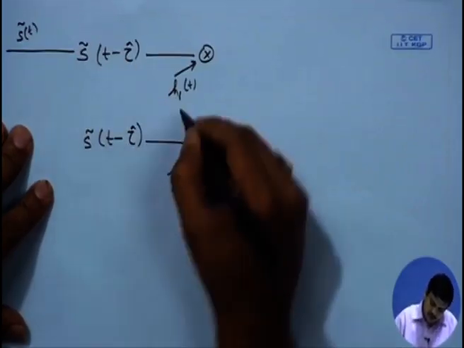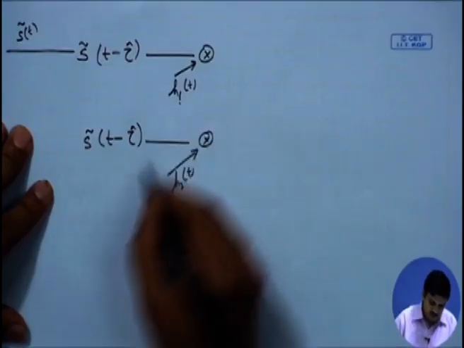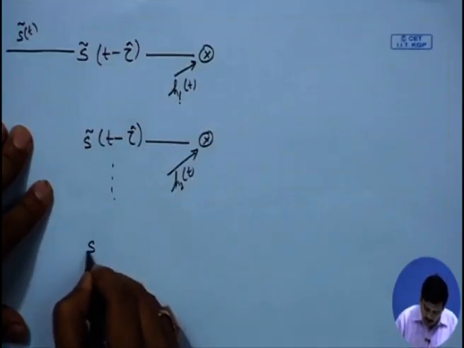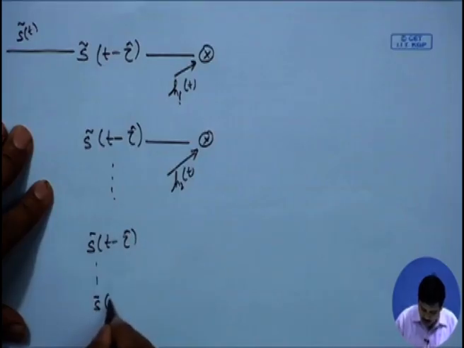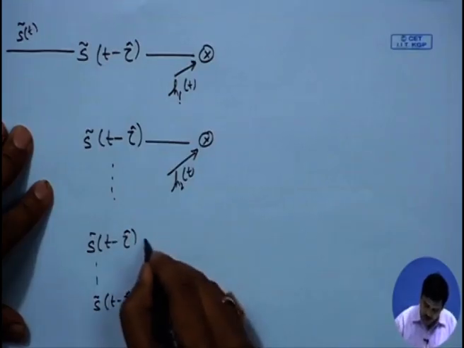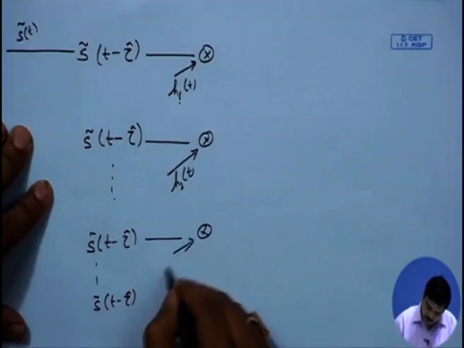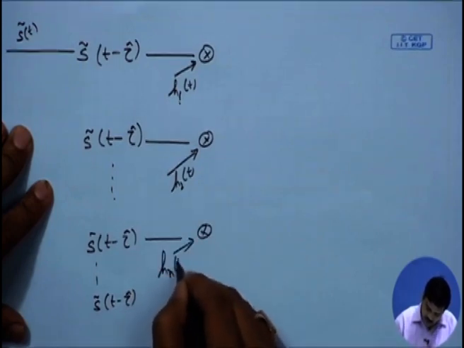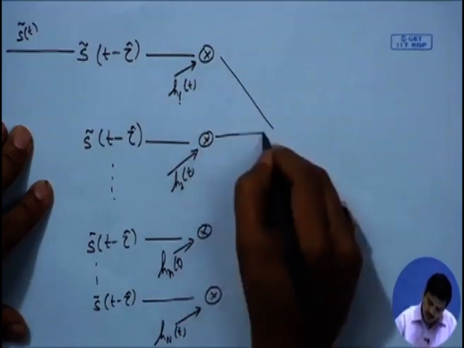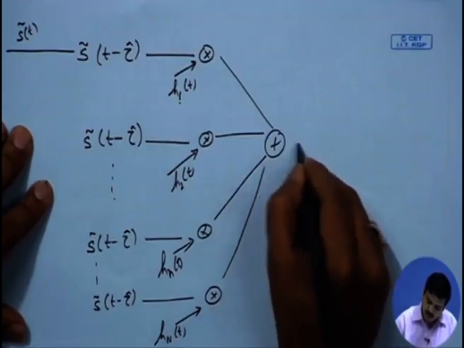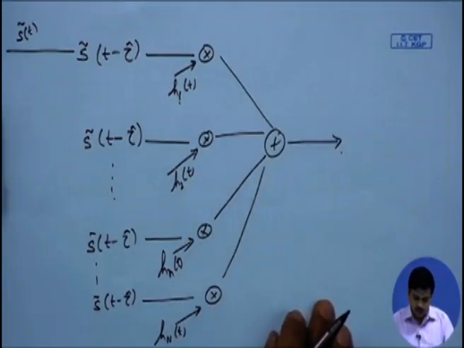Although the delays are same, still the coefficients are different. This is very, very important. So, we will have s tilde t minus tau cap for all, because delays are same, but we are going to have h n of t and we are going to have multiplication by h capital N of t, and they will all be added together and sent out.